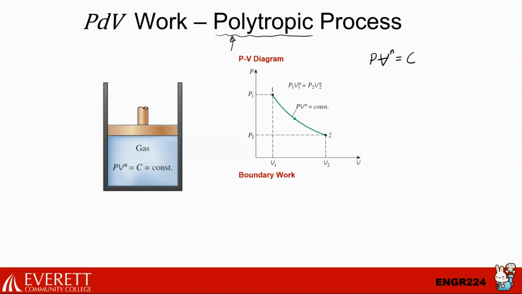So in other words, when n equals 1, that's a special polytropic case where we have a constant temperature, or isothermal.